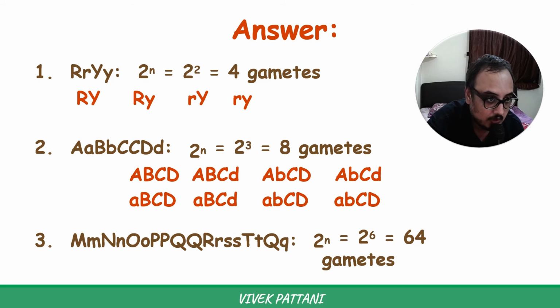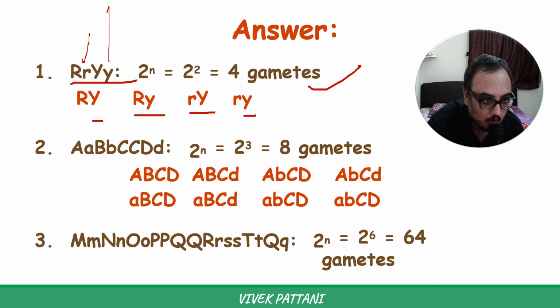I will be discussing one example here. In this scenario, how many are heterozygous? 2. Total how many? Total 4 gametes. 2 to the power 2 means 4.